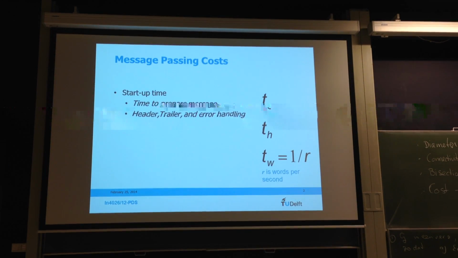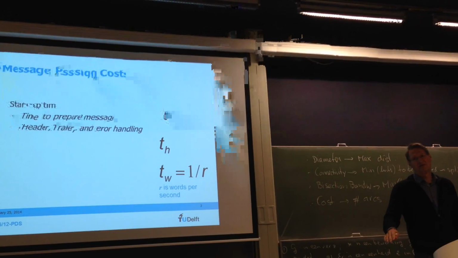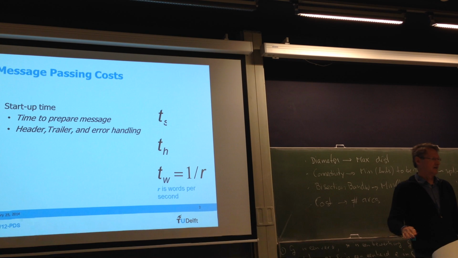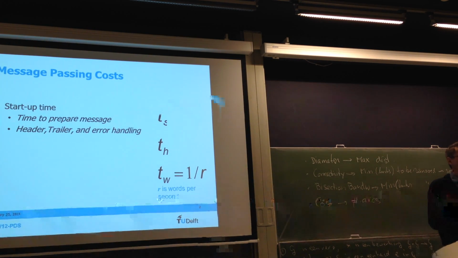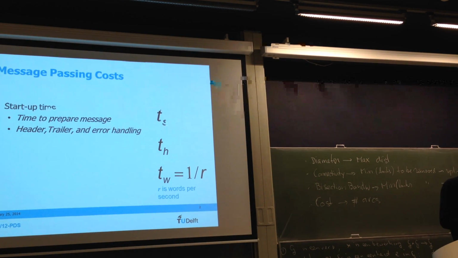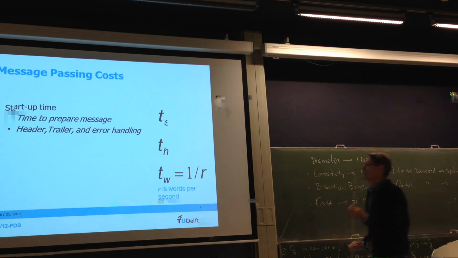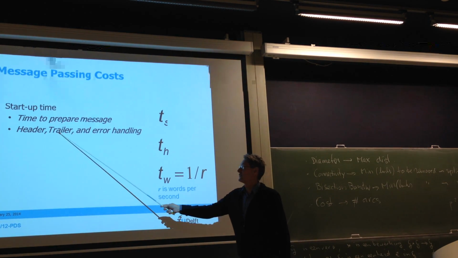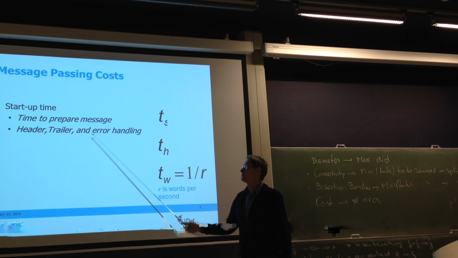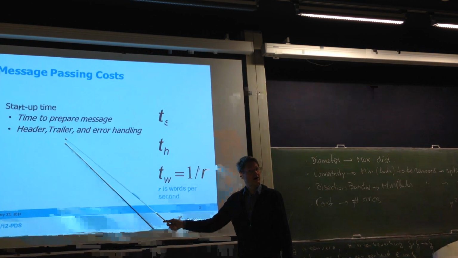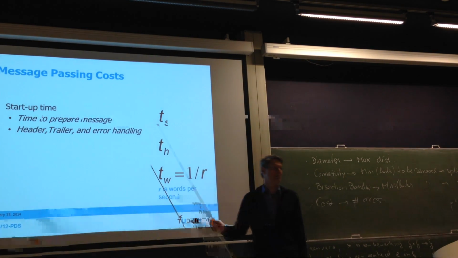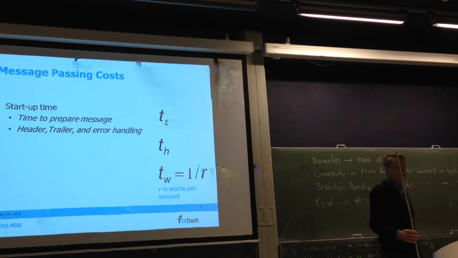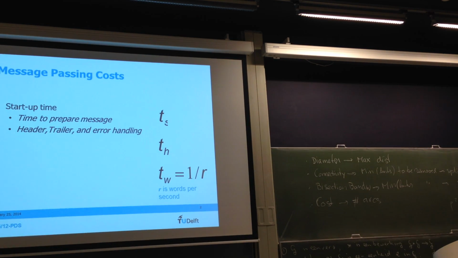So you have your code call send, then the message needs to be prepared, the buffers have to be allocated in your system, and the DMA systems have to be prepared for sending the message. And you usually have to add headers and trailers, so where the message is coming from, where it's going to, and maybe some error handling things, parity checks or something like that.